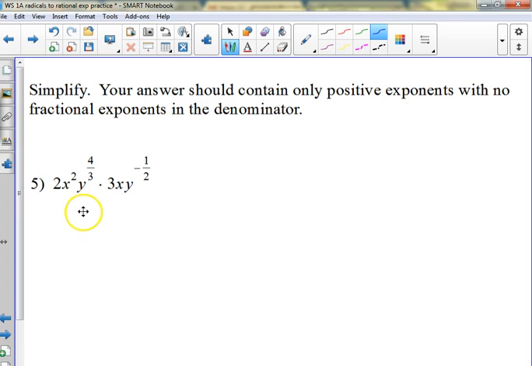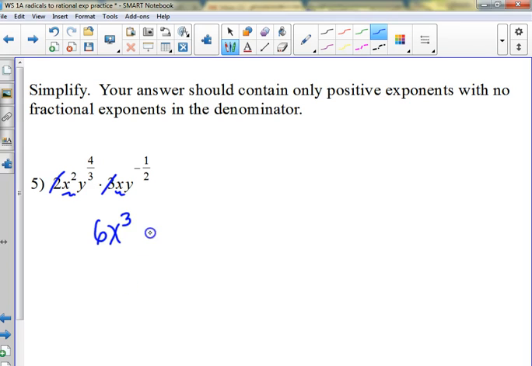Because I want to do the order you guys want, because you could do this problem a lot of different ways. What do you want to do? The 2 and the 3, okay? We're going to have a 6. What else? An x squared times an x is an x to the 3rd, Madison said. We good? Okay, now what do you want to do?